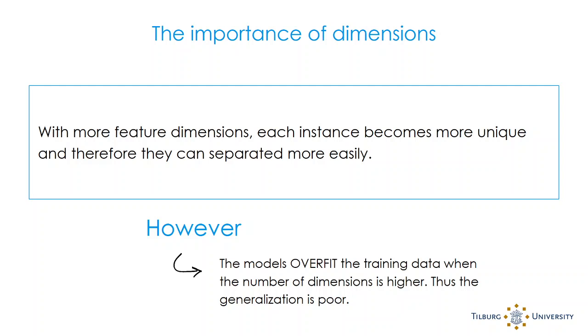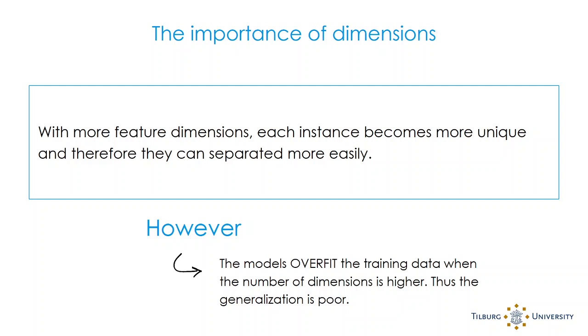Okay, so this difference between the training error and the test error is just a very strong indicator of overfitting, and this is something that we are going to observe if we increase the number of dimensions without any control.